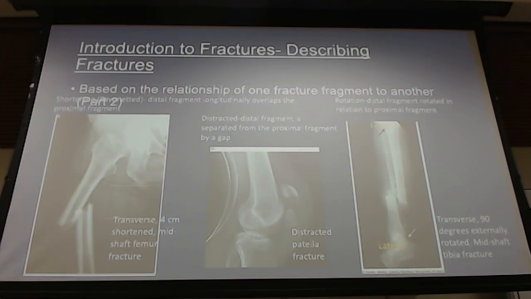There may be instances when, as in this case, you've got a tib-fib fracture and the lower segment of the fracture is rotated. You guys can see the rotation, right? Look at the far right picture. It looks like you have an AP view of the proximal segment and a lateral view of the distal fragment.